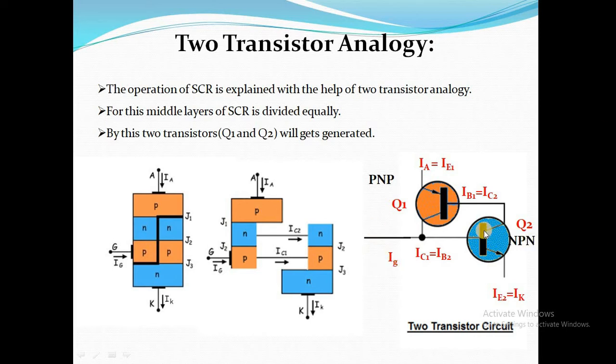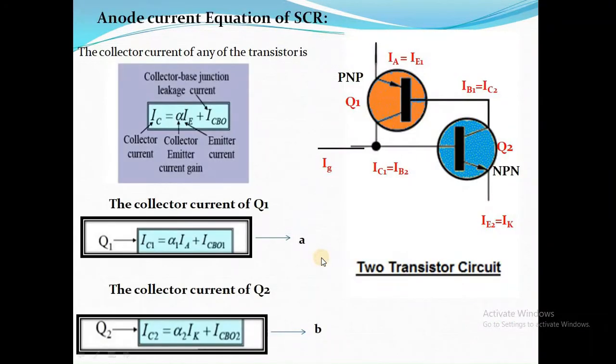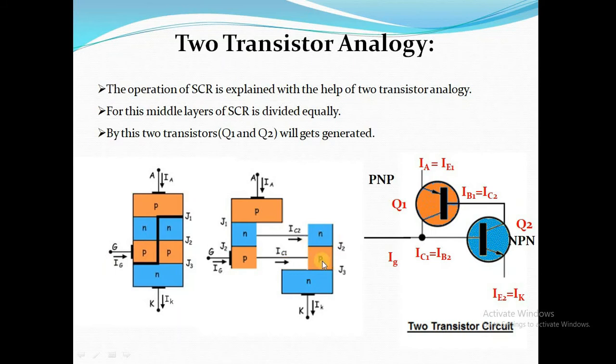Next, while drawing the second transistor, we consider the second layer diagram of the second transistor. In this, the middle orange color P layer represents the base terminal.